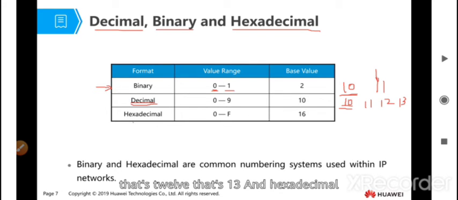And the hexadecimal. The hexadecimal is another form of binary. One character in hexadecimal represents 4 bits in binary.